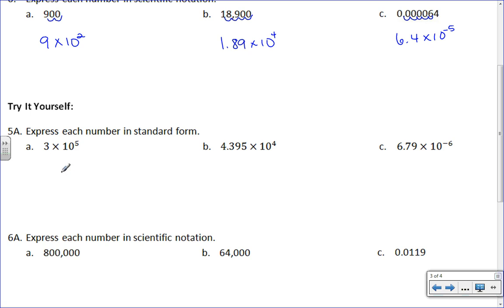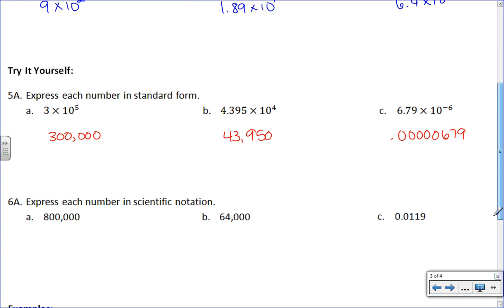Okay, for A, this is 300,000. For B, 43,950. And for C, you should have 0.000679. So it's 1, 2, 3, 4, 5 zeros, and then 679.